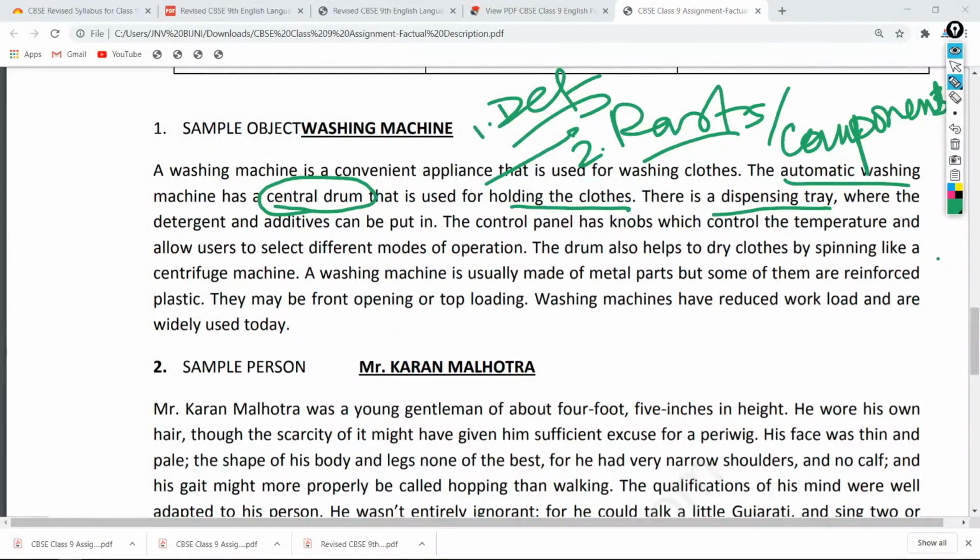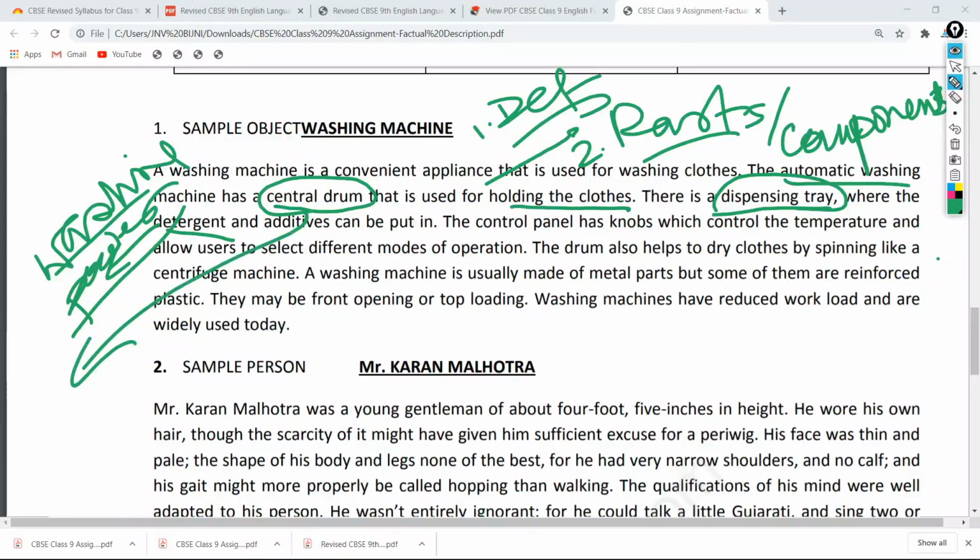The detergent may be washing powder or other things, and an additive may be an aroma. Suppose during the monsoon the water smells bad, and therefore you use some aroma and put it into the dispensing tray for that purpose.